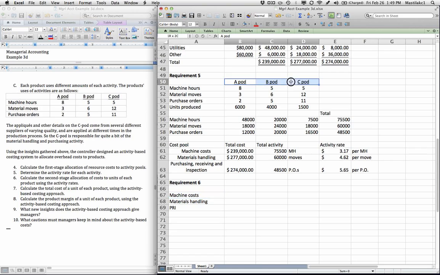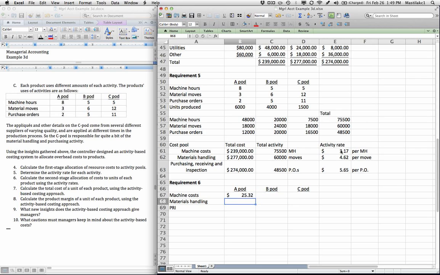For the A pod, how much machine cost is going to be allocated to a unit of an A pod? It's going to be the 8 machine hours for a unit times $3.17 per machine hour.